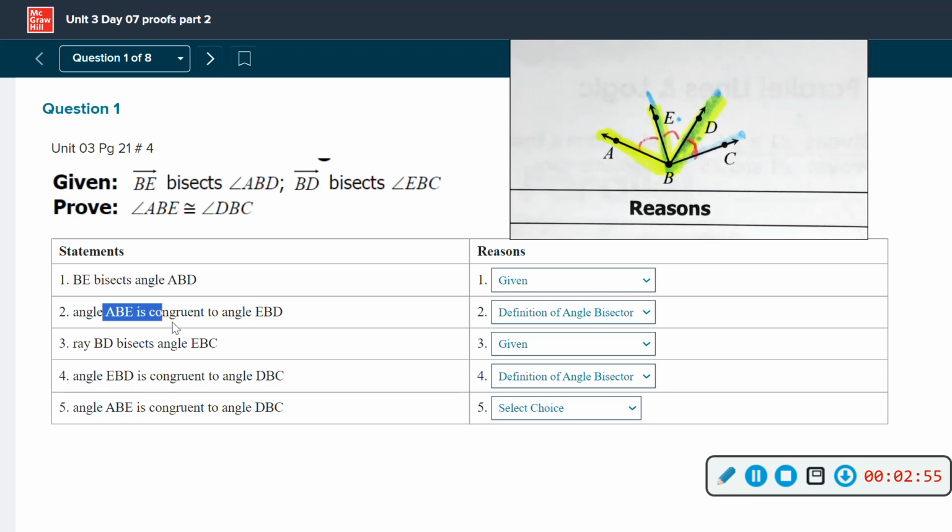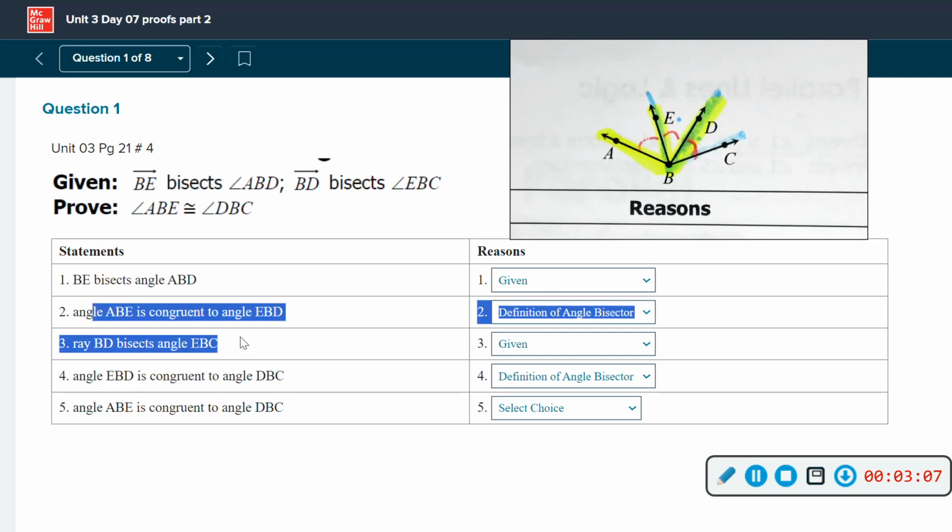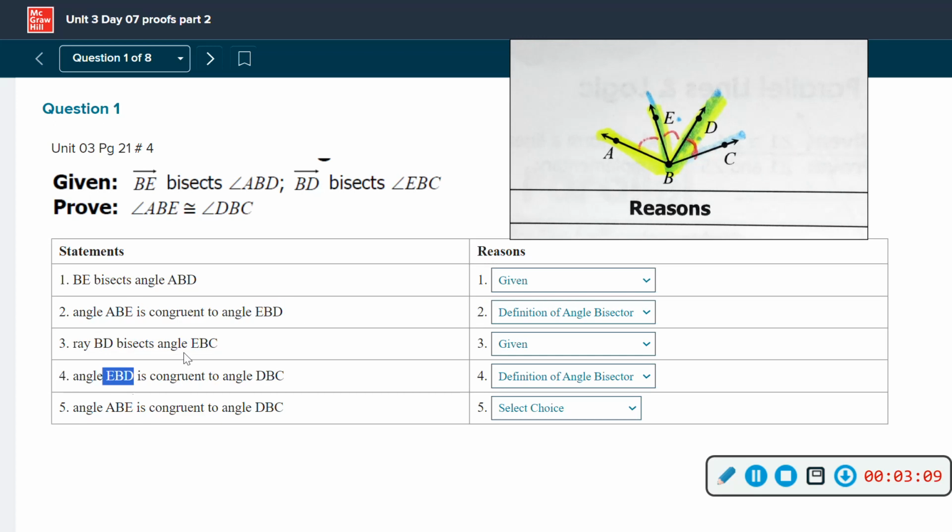So basically, these two are equal, and these two are equal. So looking at 2 and 3, basically we're cutting out the middle man of EBD, and we're left with these two. So we're cutting out the middle man, and that would be either substitution or transitive.